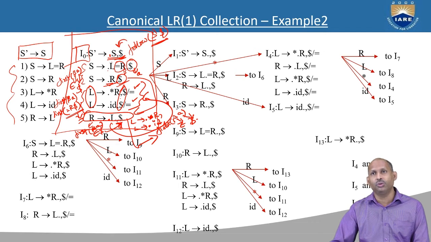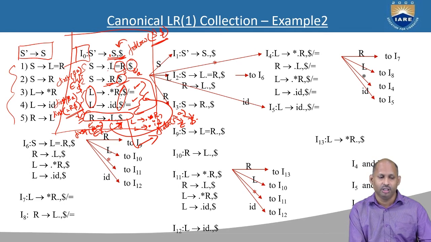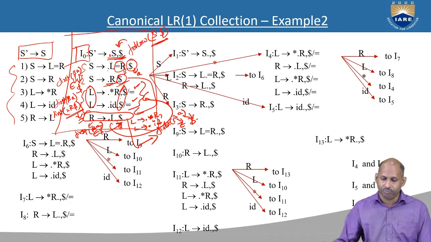In this I naught group, there are 5 symbols followed by the dot: capital S, capital L, capital R, terminal multiplication, and terminal ID.